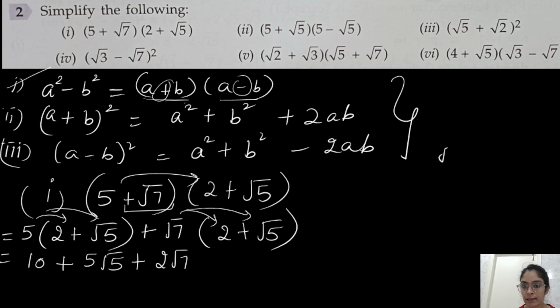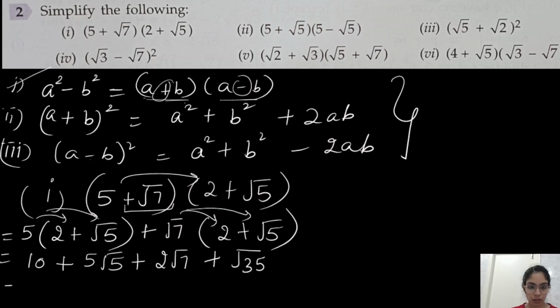Don't write it as root 7 first and then 2. A normal natural number we have to write at the starting, then the irrational number. Plus this is square root of 7 into square root of 5. Both the numbers are square roots, so 5 into 7 is 35 under the root. We will write it like that.